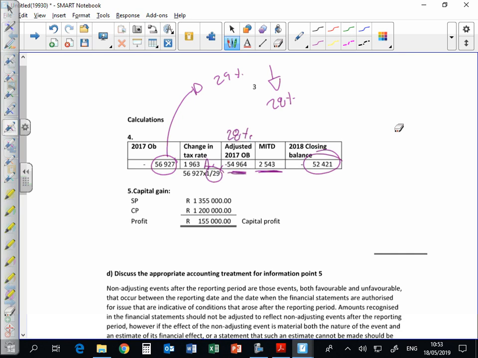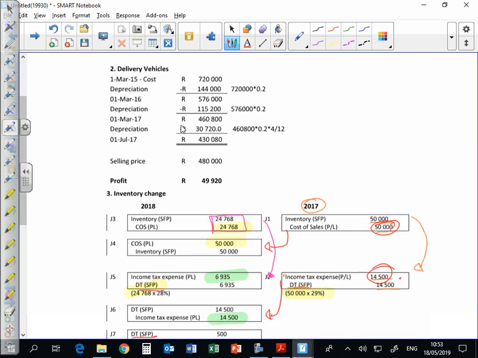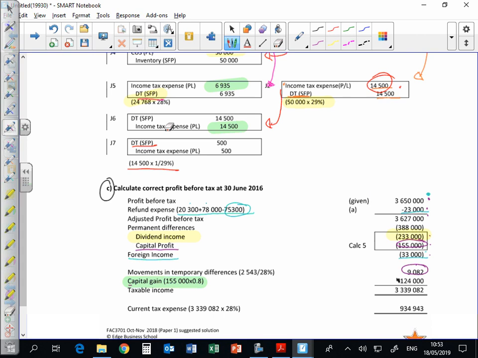2,543. Right, so for our tax calculation, that 2,543 divided by, we want to gross it up to 100%. It is at 28% currently. So either times 100 over 28 or just divided by 28 gives you 9,082. Is everyone comfortable? Right, in terms of whether that should be positive or negative, I'm going to quickly jump back here.